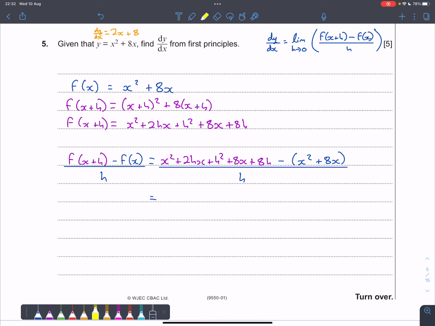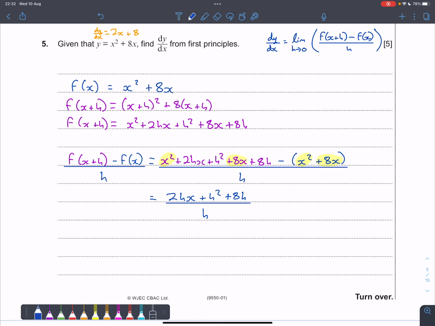Now if I've done this correctly, everything in the bracket should cancel out, so x squared minus x squared will cancel, and we've got an 8x minus 8x, so they will cancel. That leaves me with 2hx plus h squared plus 8h, all over h.